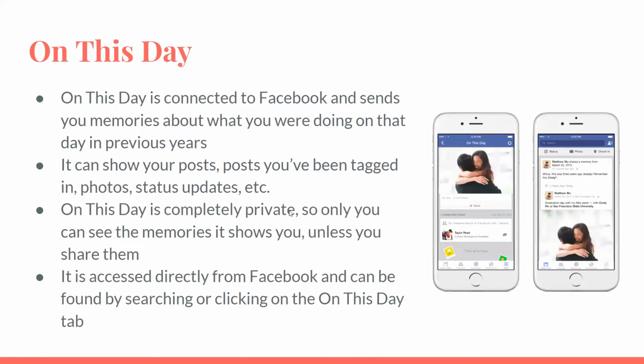So another app that we have is connected to Facebook, and this one is called On This Day for any of you Facebook users. It sends you memories about what you were doing on that day in previous years.